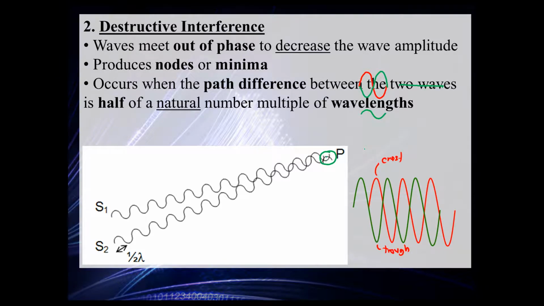Okay, when does this occur though? Well, destructive interference occurs when the path difference between the two waves is half of a natural number multiple of wavelengths.